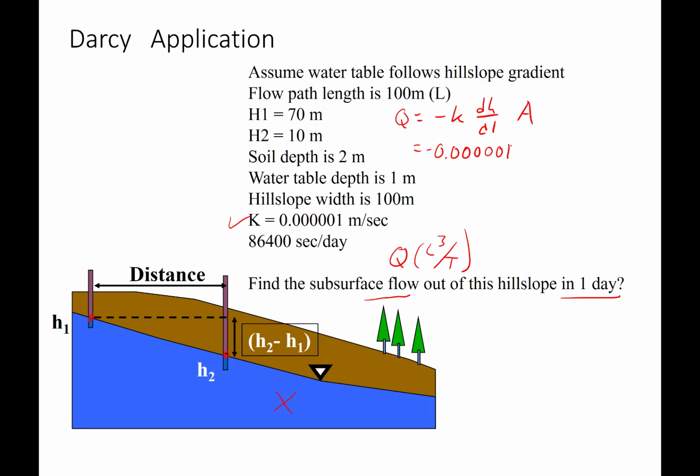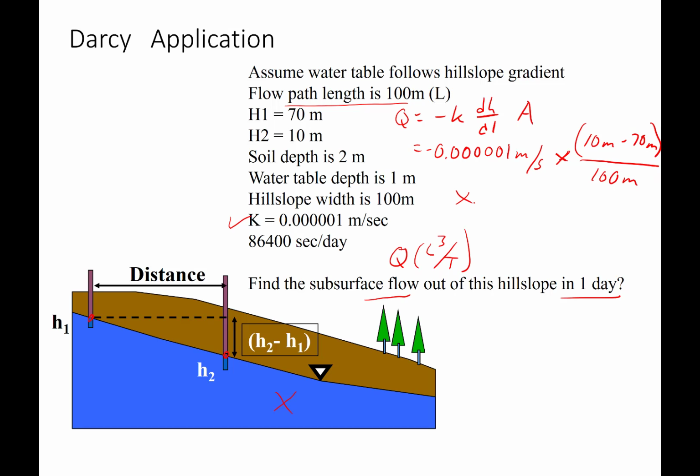It's a resistance, so we represent it as a negative number. Okay, that's in meters per second. All right, so our change in elevation, d sub h, is h2 minus h1. h2 is 10 meters. h1 is 70 meters. And it says the flow path length is 100 meters. So there's our dl.